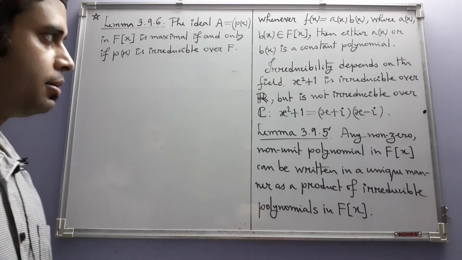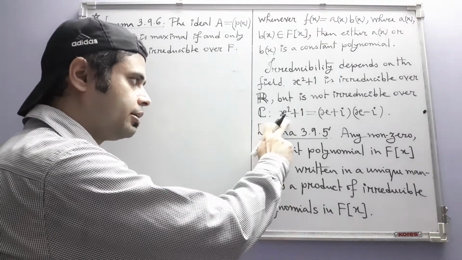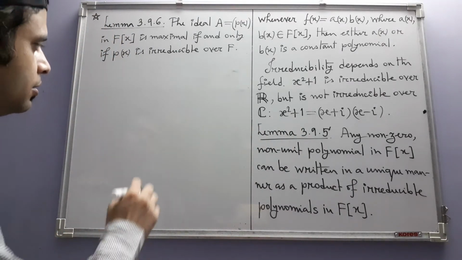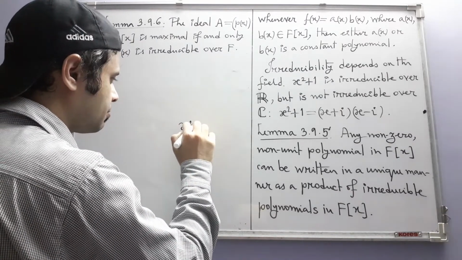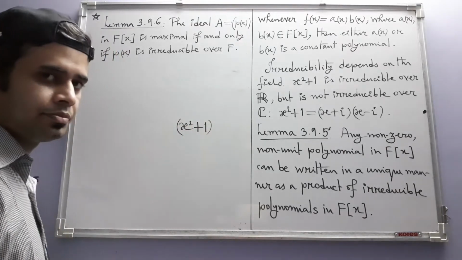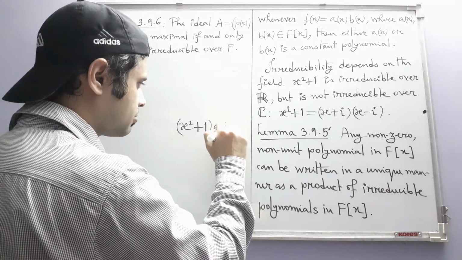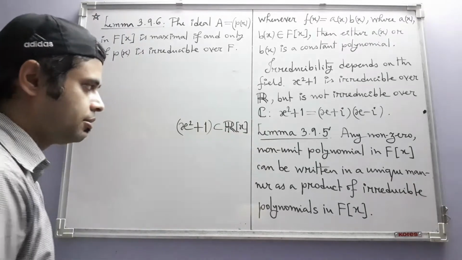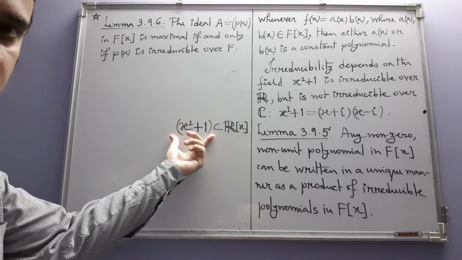So note that since we have just stated that x square plus 1 is irreducible over R, if you consider this polynomial and form the ideal generated by this polynomial in the ring R[x], in the ring of all polynomials with real coefficients, then this ideal is going to be a maximal ideal.